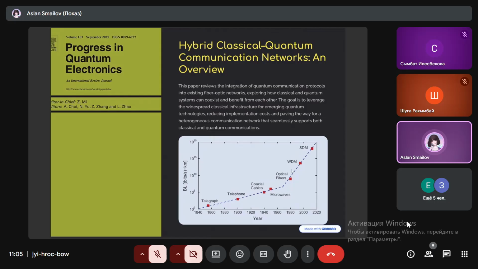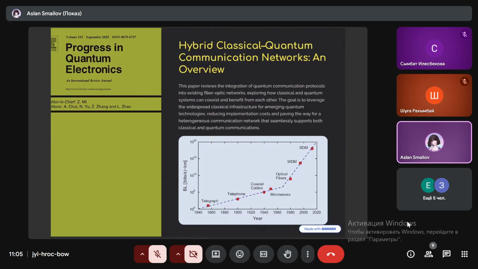In this graph, I hope you see, here you can see the BL to the year, and the many communication tools. The first one, as you know, is the telegraph. And what is the BL? It's bits multiplied by the distance in kilometers.